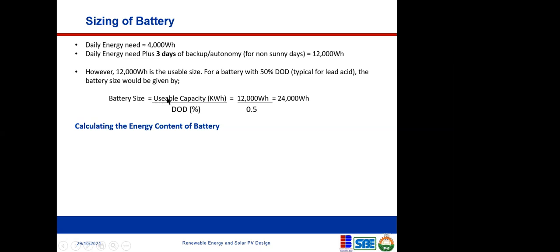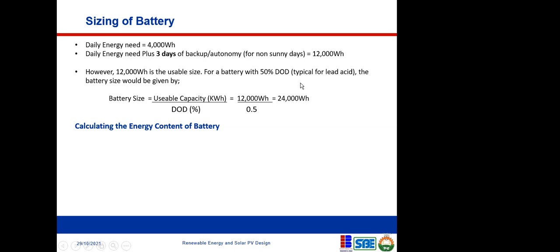You consider the usable capacity, and you divide it by the DOD, depth of discharge. Our usable capacity is 12,000 watt hour, and our DOD is 50% or 0.5. If you do that division, you're going to have 24,000 watt hour.